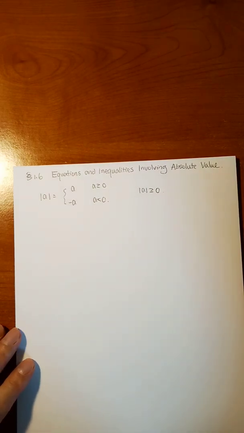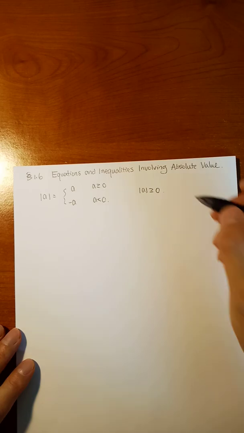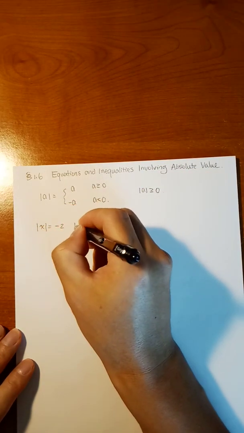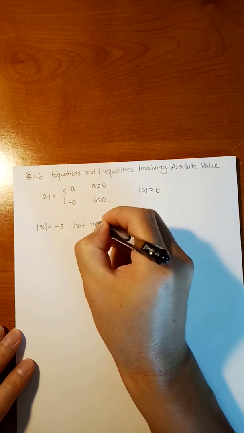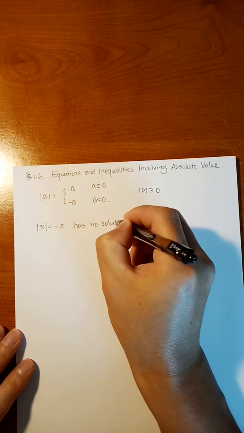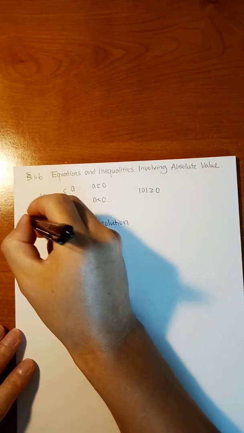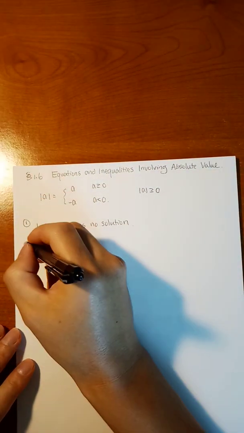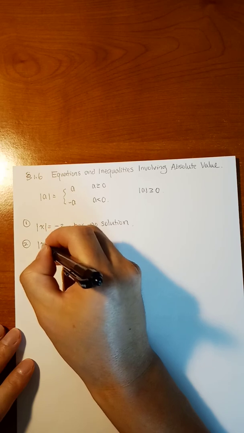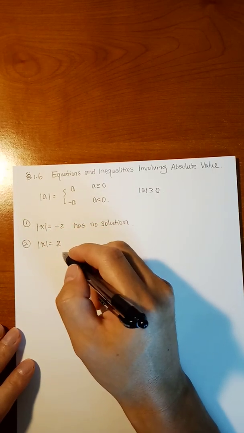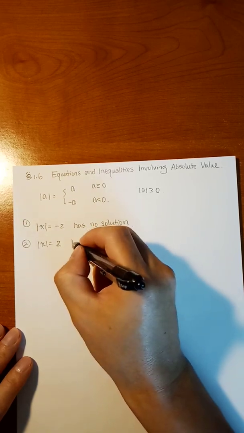That is impossible. Absolute value of x equal to -2 has no solution. Okay, so that's one of the important things. The other important thing is that if you have absolute value of x equal to 2, it will give you two solutions.